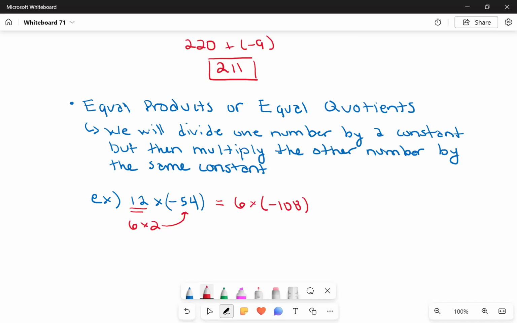Now, I could probably do this in my head, because 6 times 8 is 48, and then 6 times 1 is 6, and it's negative. Basically, I divided the 12 by 2, and then I took that 2 and multiplied it by the other term.